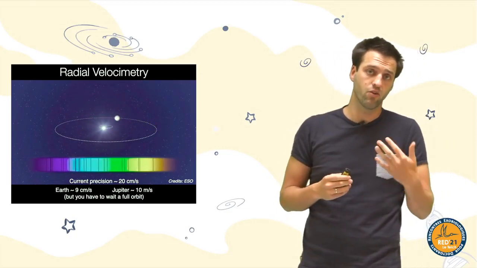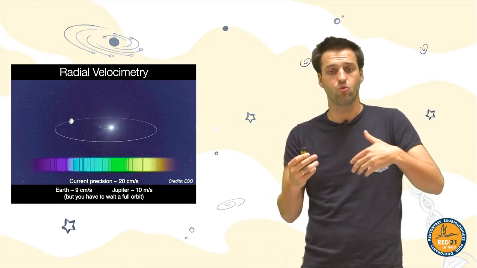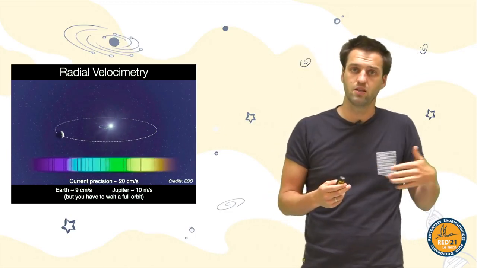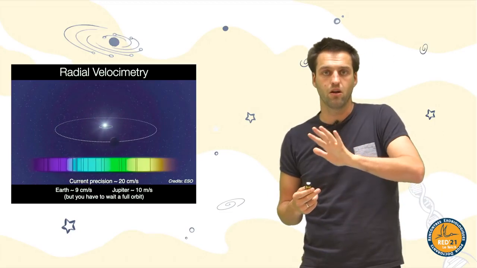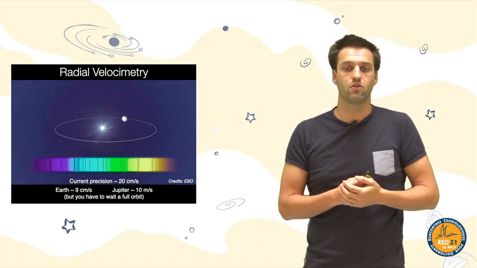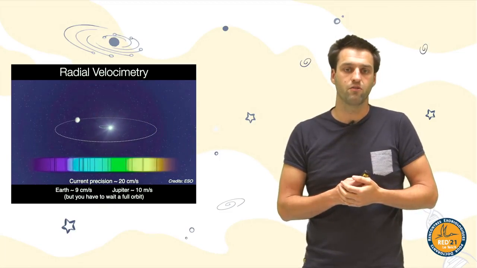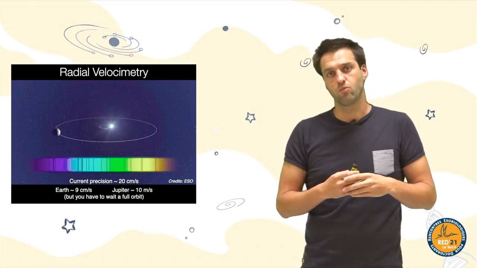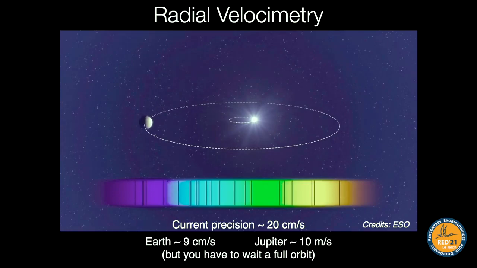The difficulty, of course, is that with this method you have to wait a full orbit to see the whole sinusoidal variation of the wavelength of the spectroscopic lines that occurs during a full orbit. What this means is that if there were only Earths and Jupiters like our own around other stars, it would have been very difficult to discover them.